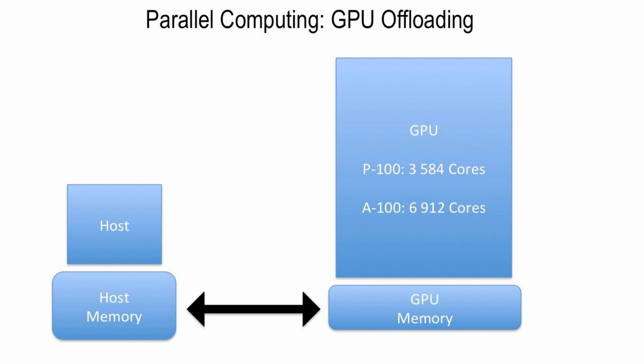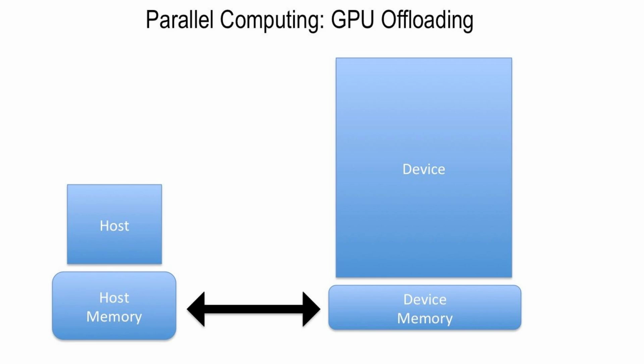The CPU core is often called the host of the program, responsible for managing data transfers between the CPU memory and the GPU memory, as shown by the black arrow in the diagram. These data transfers are a critical bottleneck. The GPU is often called the device, and the CPU can transfer compute-intensive parts of the Fortran program to the device. This transfer process is known as GPU offloading.